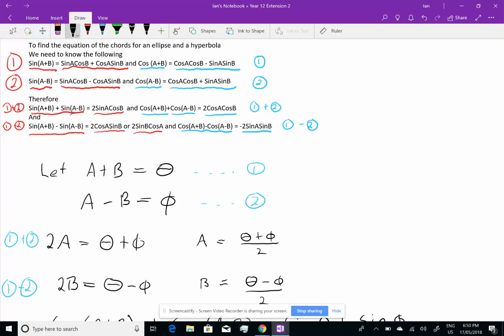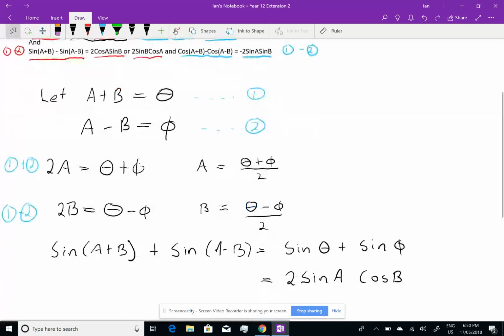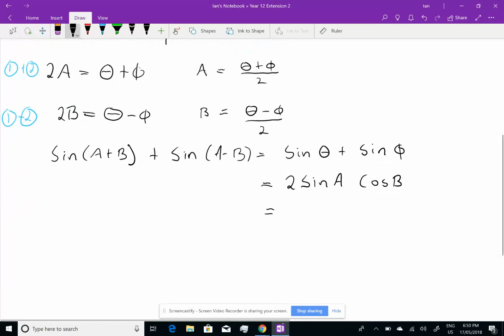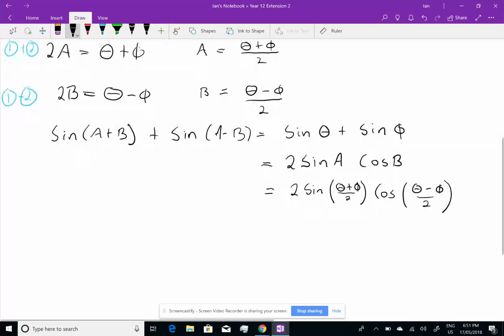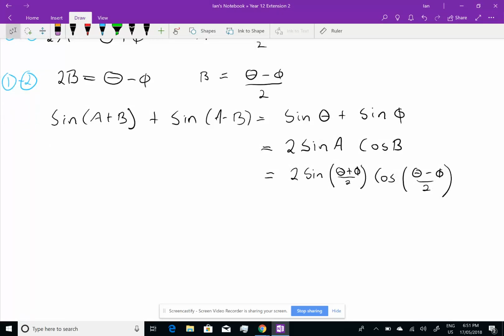And it's this bit here that we're looking at. 2 sine A cos B. And of course, A, if we're using theta and phi, is 2 sine theta plus phi over 2 cos theta minus phi over 2. And if I do the subtraction, now I'm not going to use A's and B's anymore, I'm just going to use theta and phi.